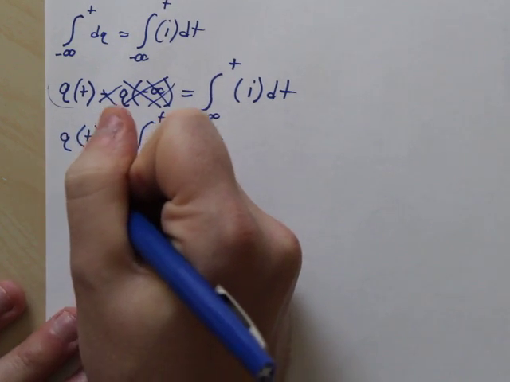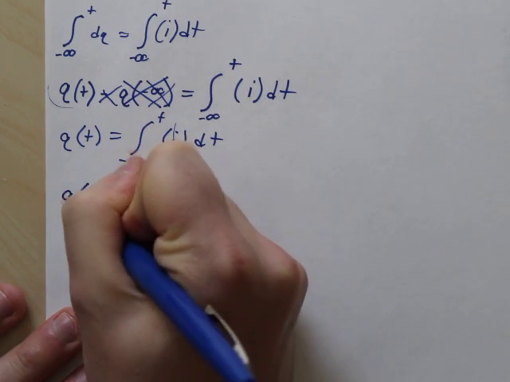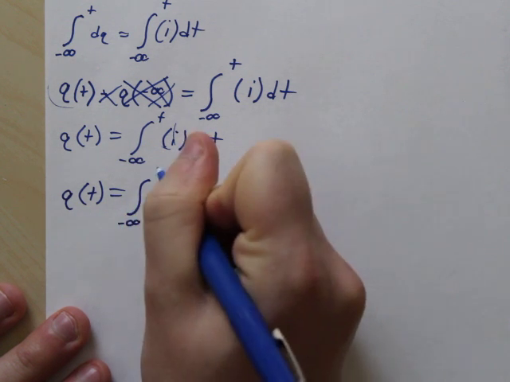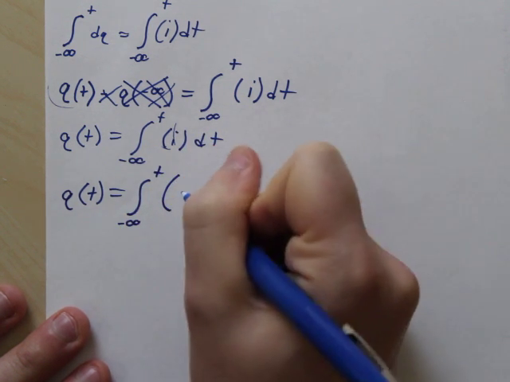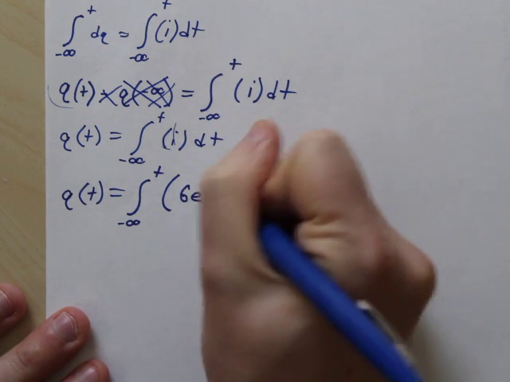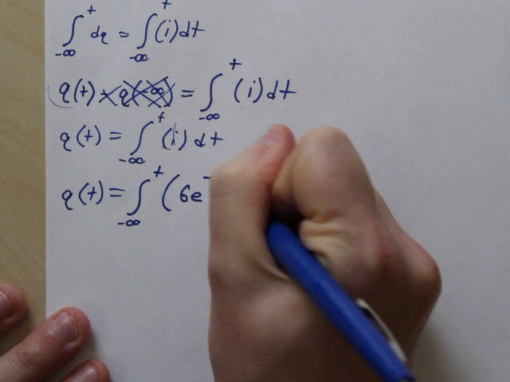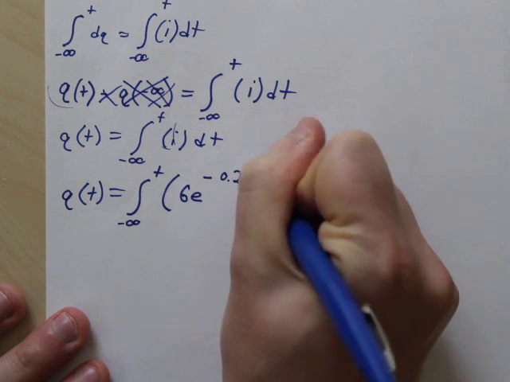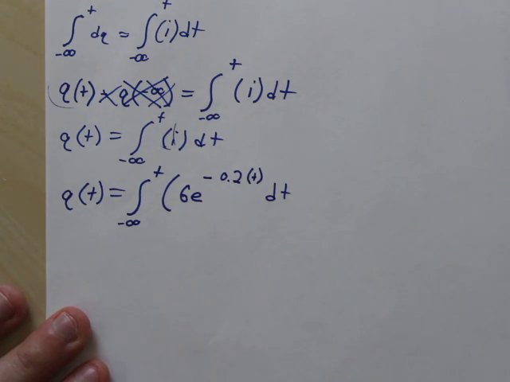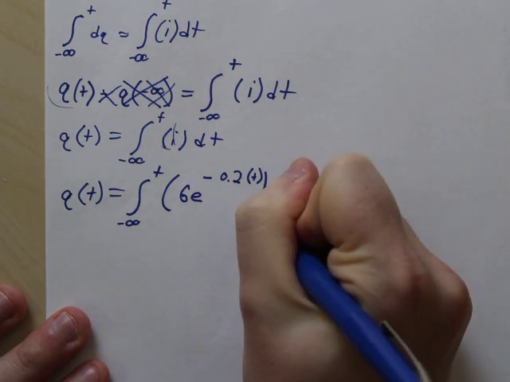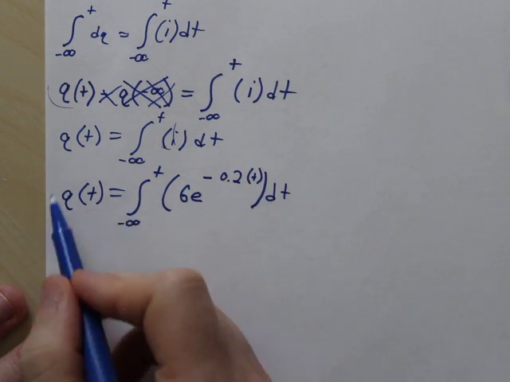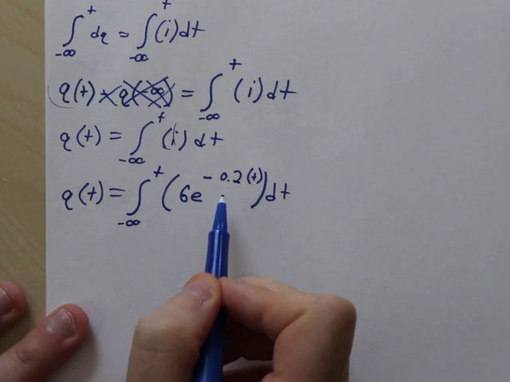So we're going to get q of t equals the integral from minus infinity to time of 6e to the minus 0.2t dt. Let me close that parentheses, it's going to annoy me. That's essentially our equation that we have to integrate now.